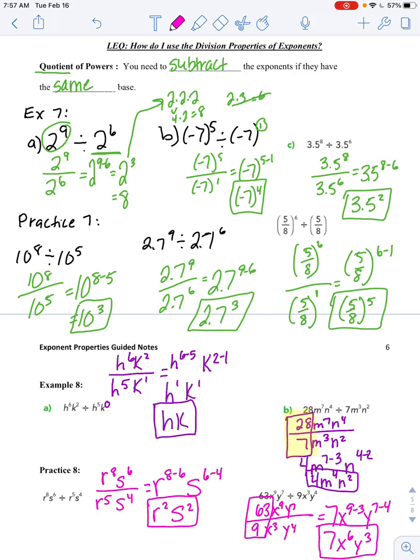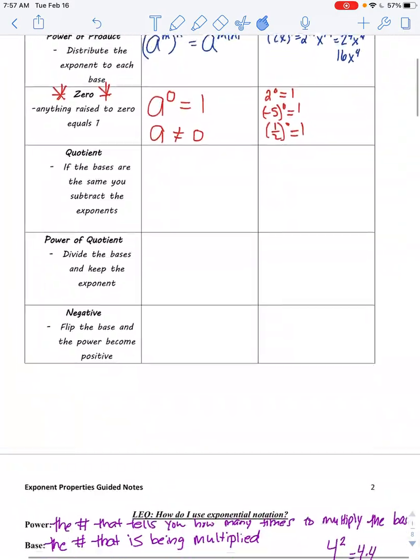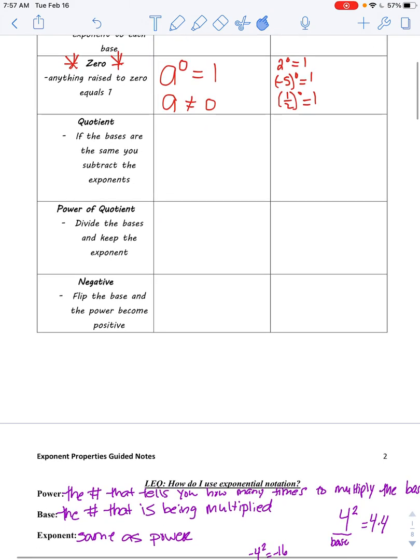Okay, so if you're dividing by the same base, different exponents, you could go ahead and subtract your exponents. So I'm scrolling back up here so we could fill in our next box on the front page. So the quotient property, if the bases are the same, you subtract the exponents.